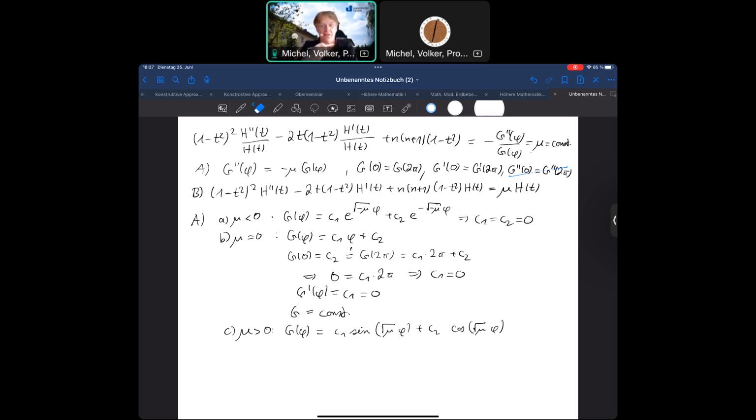It means I need a non-trivial solution of the 2x2 linear equation system, which gives me C1 and C2 not both identical to 0. So you have to look at the determinant of that matrix. And then you find out that there are indeed cases where that determinant is 0. If the determinant of the matrix is 0, it tells you that this quadratic matrix is singular, and therefore you can have non-trivial solutions.